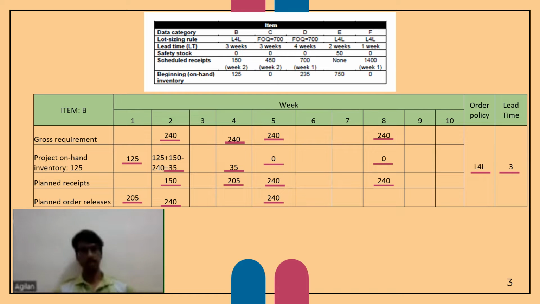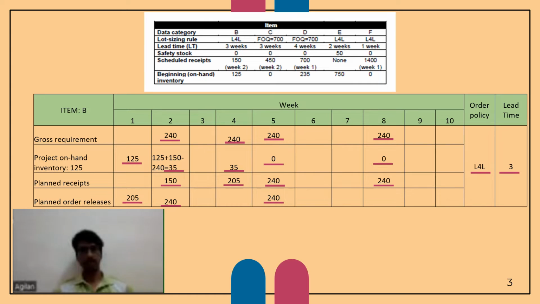Then the planned receipt, there is nothing. Then the planned order release is 205. So 205 is given as the planned order release. Then the next thing is week 2.